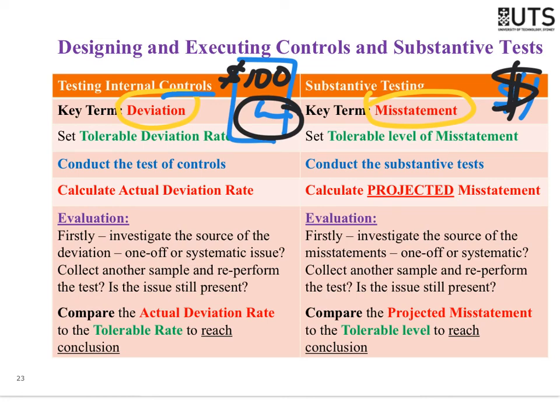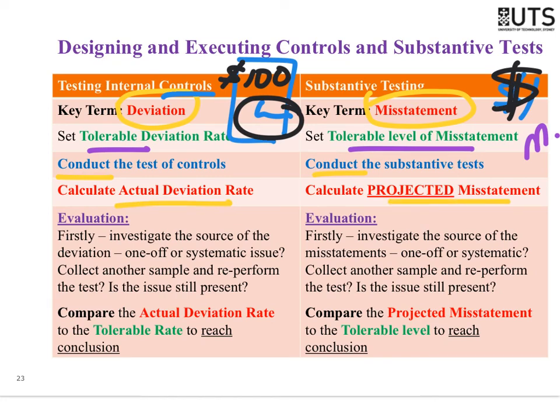The rest of the process is pretty consistent because in both cases you determine what your tolerable rate of deviation is, what rate you're willing to accept, and your tolerable level of misstatement, which by the way is materiality, right? You then conduct your tests, and then you calculate the actual rate of deviation and you project your misstatement amount.